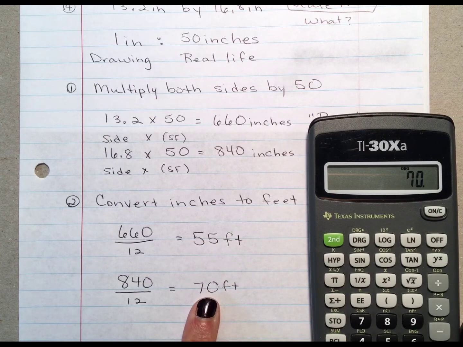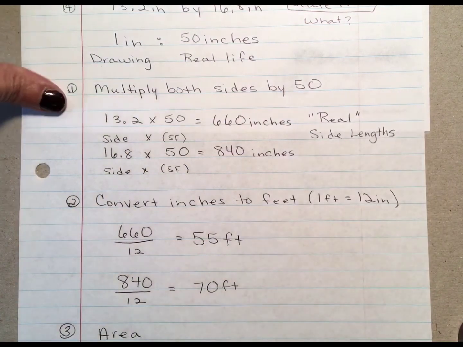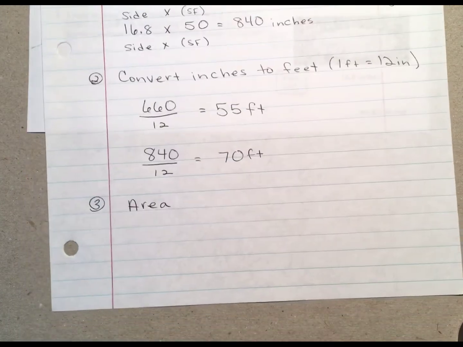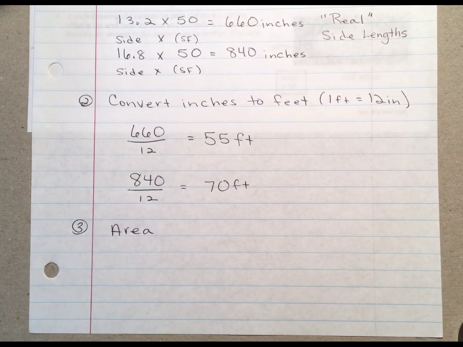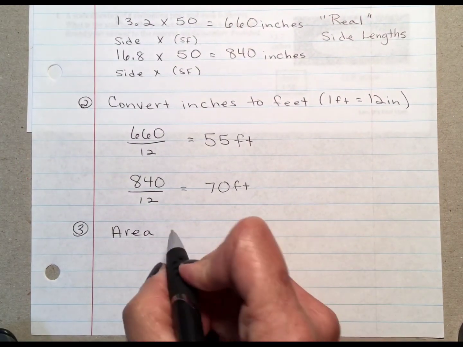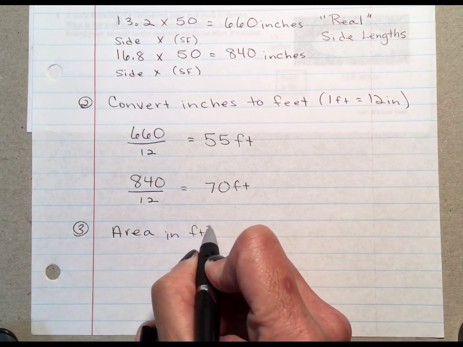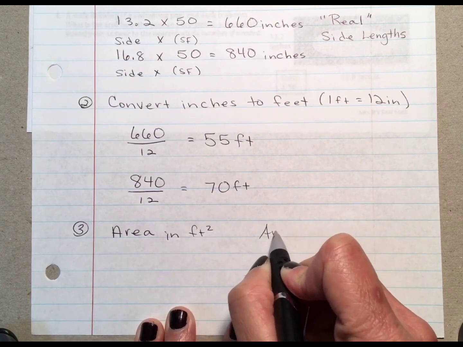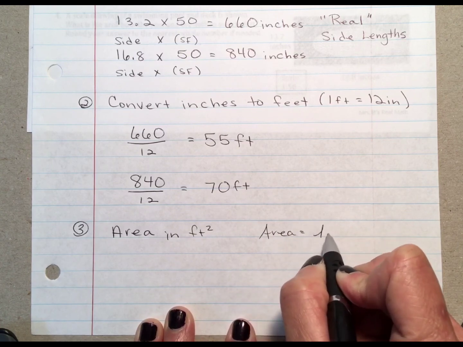Now, this is just the side lengths of the real pool deck. This is not our answer. When we go back to our problem, it asks us to find the area. So third step, we need the area. And again, remember area is equal to the length times the width.